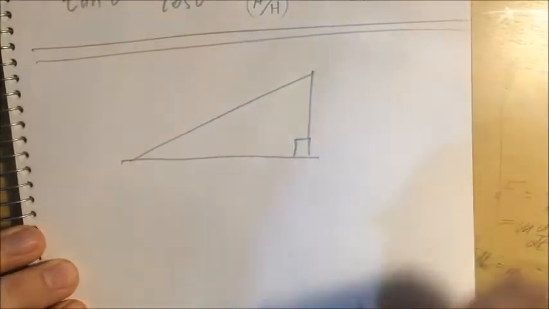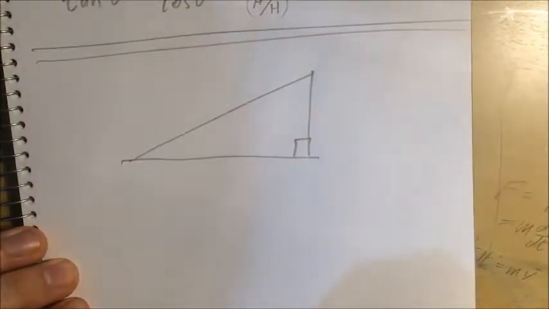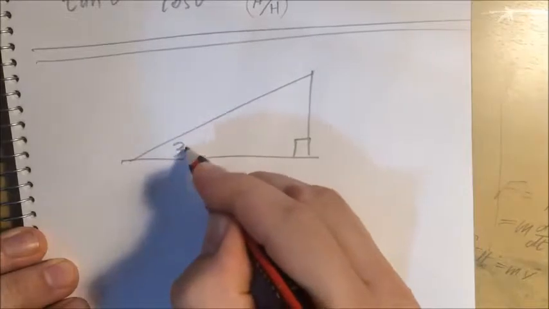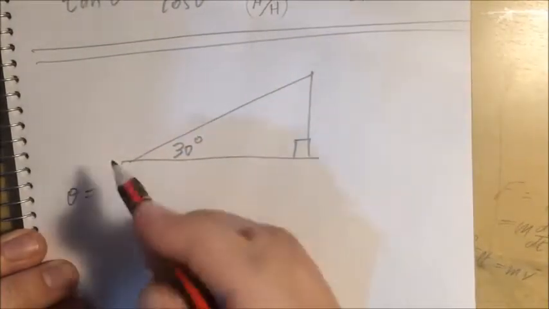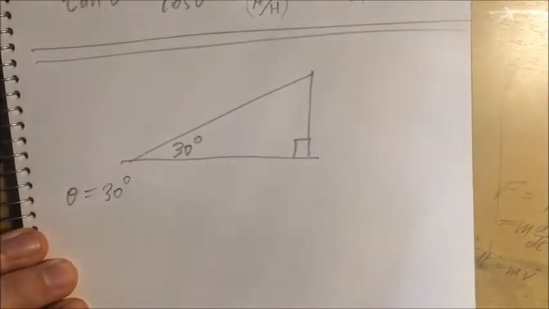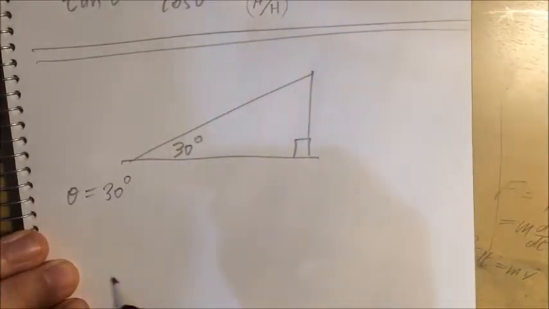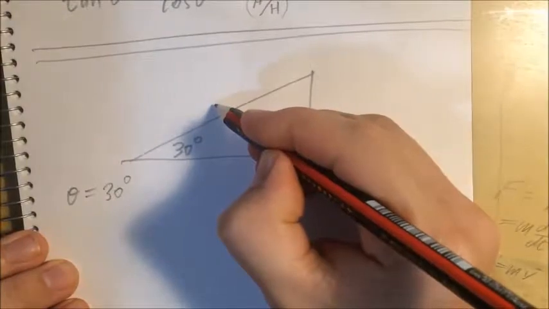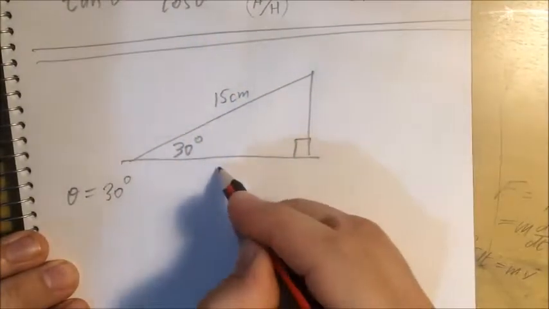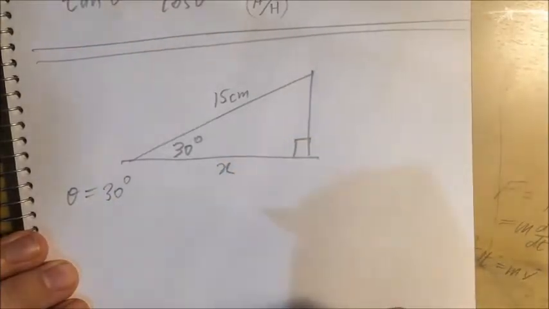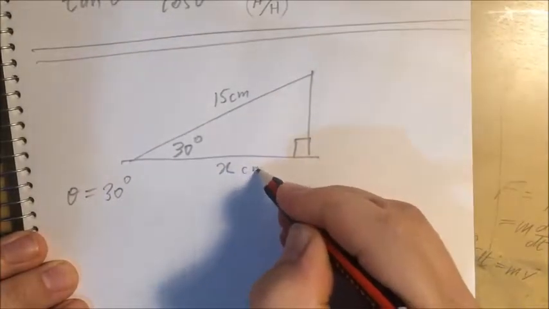We've got a triangle with a right angle, and we're told that this is 30 degrees, so our theta equals 30 degrees, and this is 15 centimeters, and x is our unknown.